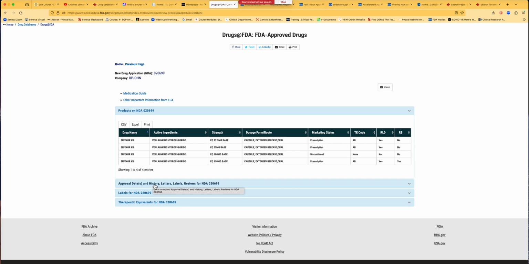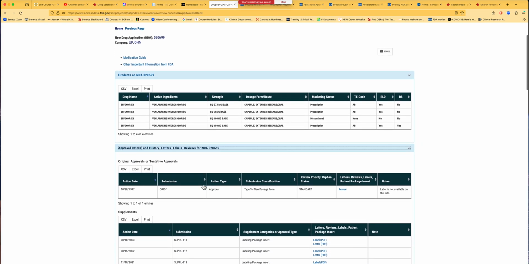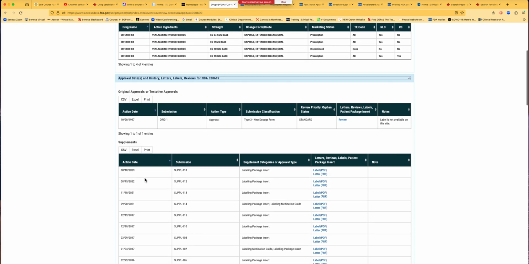That's because the NDA here, which is 020699, started several years ago, and there have been amendments or changes to the label. Now you see the dates, the submissions, and of course the categories, and we can also read the letter for the submission of a new label, as well as the label itself that has been updated.